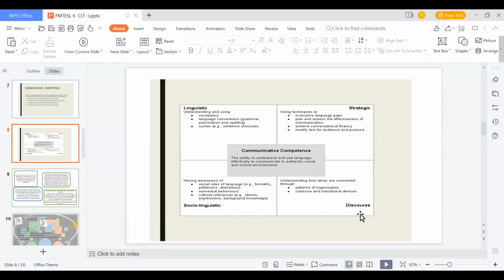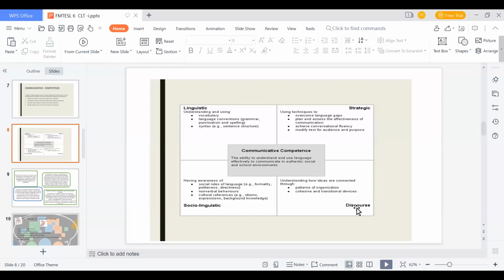Now you look at discourse competence. Another one is discourse competence. Now, what is this discourse competence? Understanding how ideas are connected through patterns of organization, cohesive and transitional devices like first, then, afterwards, similarly, after that, next, all these words.